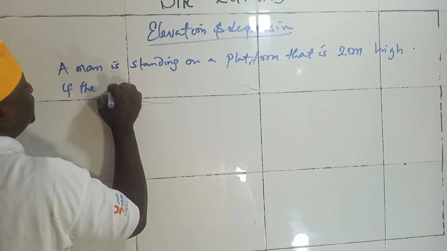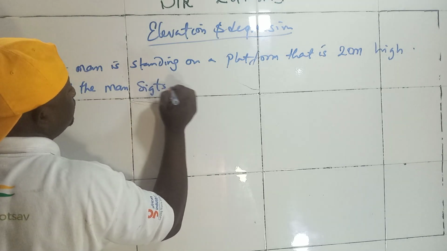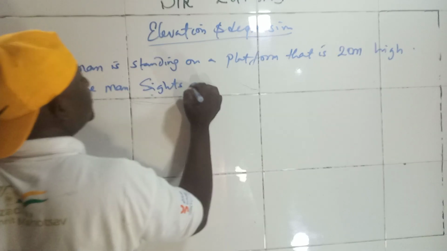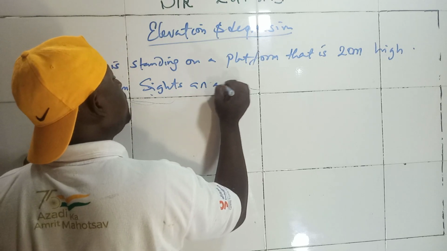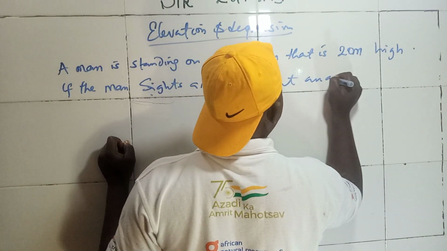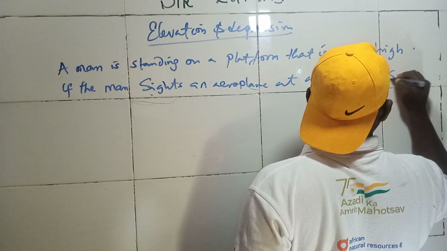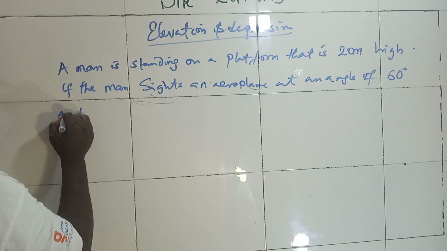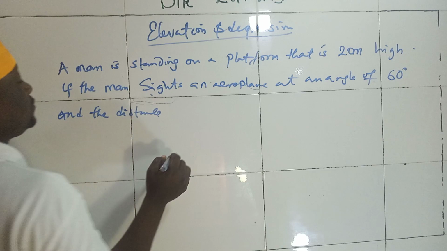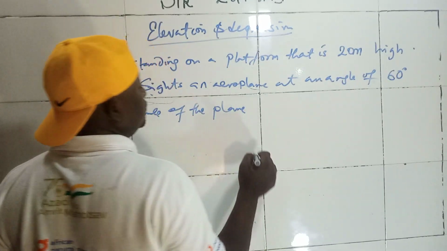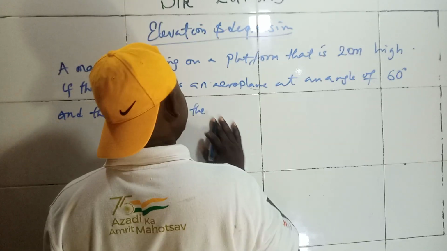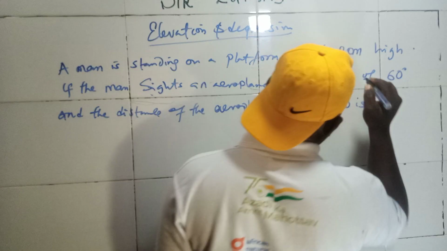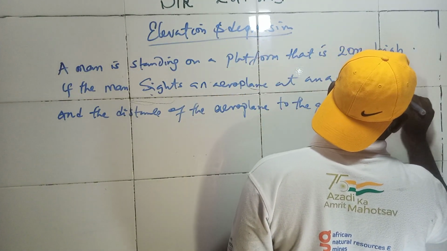If the man sights an aeroplane at an angle of 60 degrees, and the distance of the aeroplane to the ground is 250 meters.